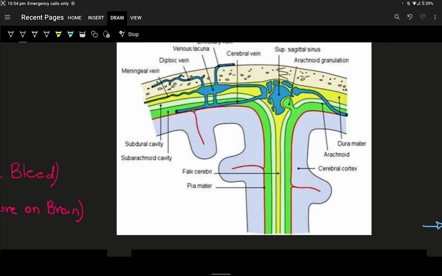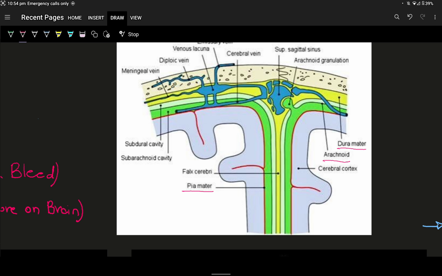Here we can also see that we have the dura mater as the outermost layer. Below it we have the arachnoid, and inside we have the pia mater. In between the dura and the arachnoid is the space where we can get the subdural hematoma.